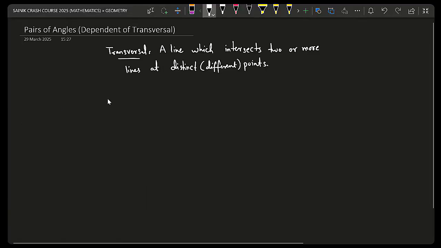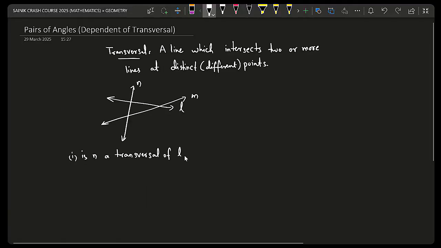For example, I have a straight line here, let us say L. I have a straight line here, let us say M. And there is a straight line here, N. Now I am going to ask three questions. Is N a transversal of L and M? This is the first question.